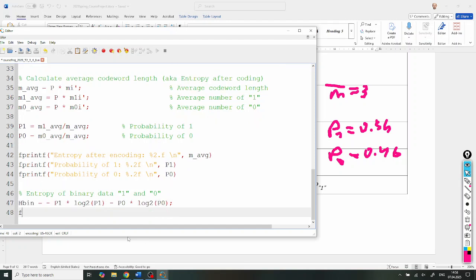and fprintf binary entropy. Printf bits per symbol, maximum is 1.0.